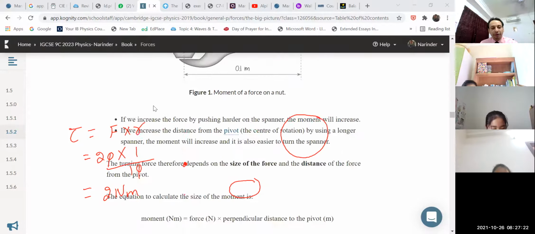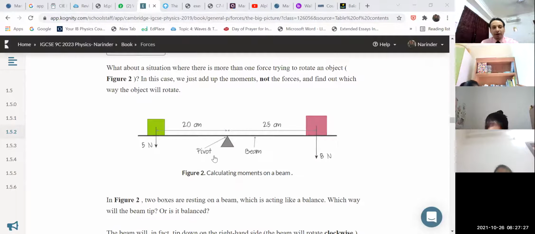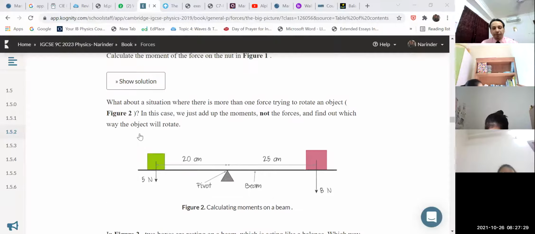This is the way, children. Okay, next question. Here in example number 2, figure 2: what about a situation where there is more than one force trying to rotate an object? Till now we have discussed one kind of force. The situation may arise, children, that two forces are there.